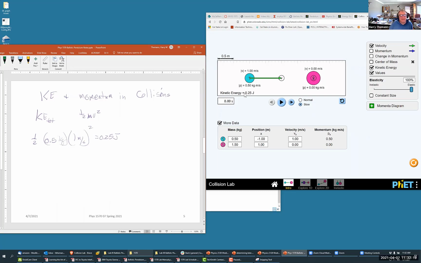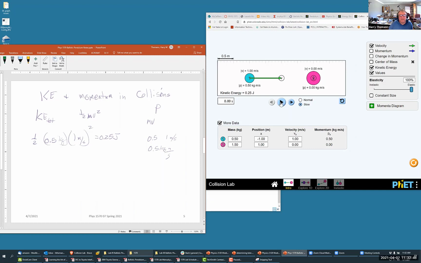And we see that the momentum is right here, mv. And again, we have our 0.5 kgs and 1 meter per second. And so it gives us 0.5 kg meters per second. Nice, right?